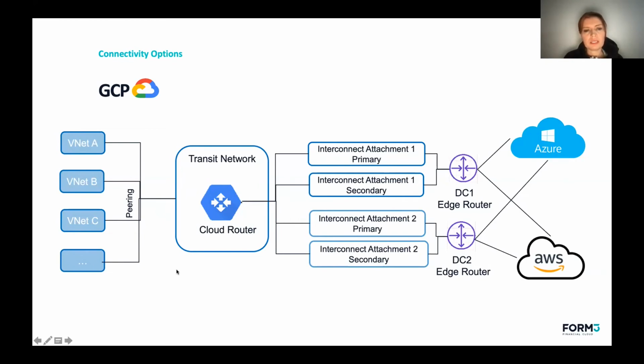In this network, there is a cloud router, and our virtual networks, which correspond to virtual private clouds in AWS, so basically the same concept, those VPCs, VNets, are paired to our transit network, thus having the possibility to route through our cloud router and then to the specific cloud.